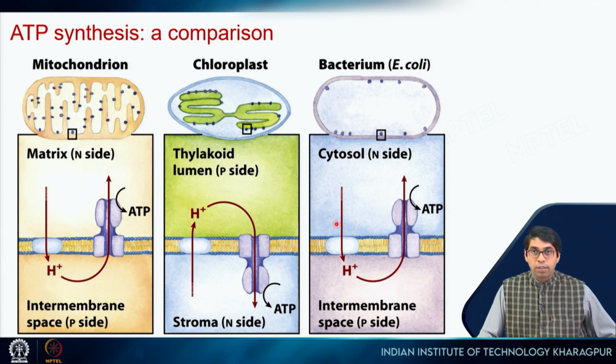Again the pH here will be around 7.4 or something, and this will be more acidic, so more proton concentration here. When these protons pass through the ATP synthase, this will be a spontaneous reaction, and that energy will be used to produce ATP. So, we see that ATP synthesis is almost exactly the same in all these 3 different organelles: the bacteria, chloroplast and mitochondria in eukaryotes.